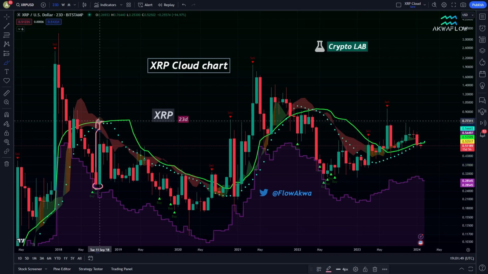It was attracted to this area, right? Then here again we continue, and the next crossing point is this area. And again, the price was just right here at the moment of the cross. Again, we have another cross, and the price was around this area.